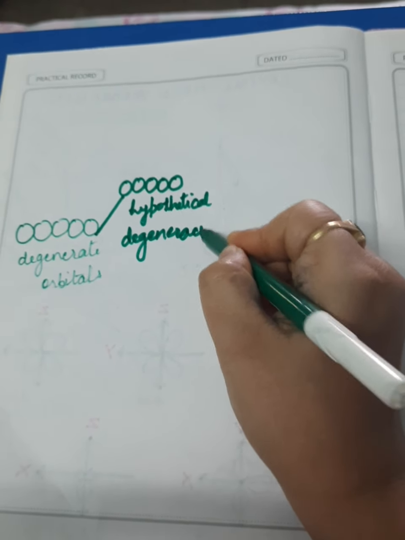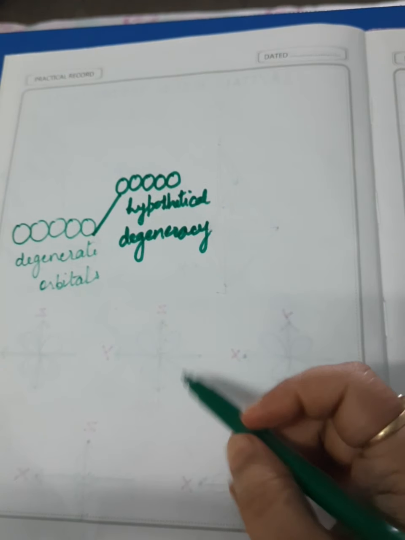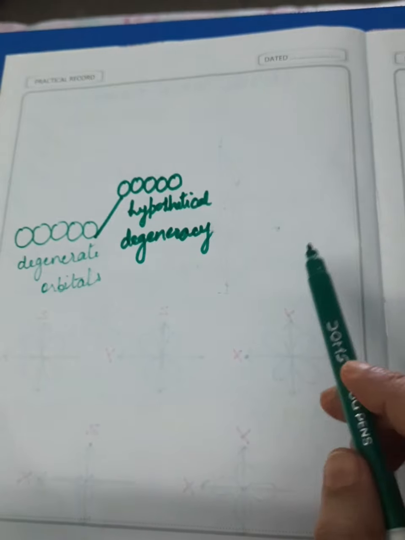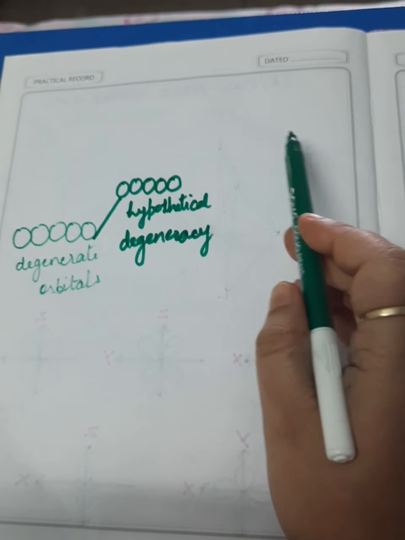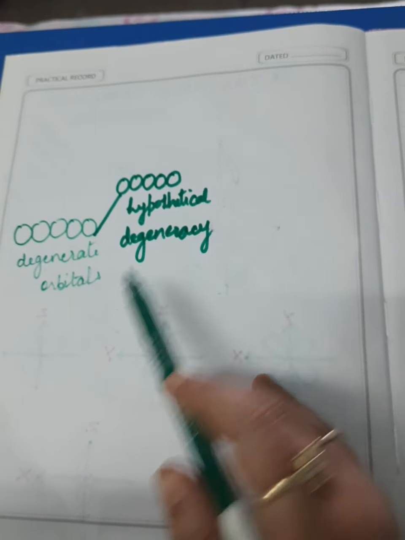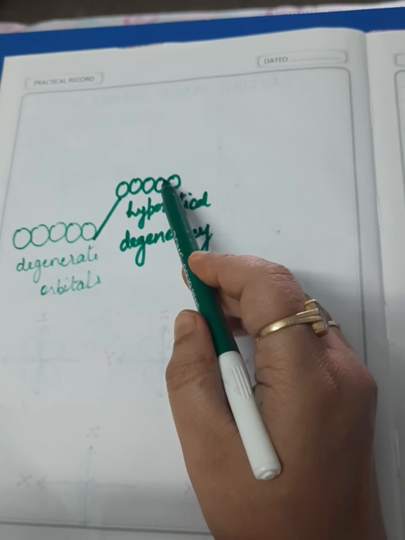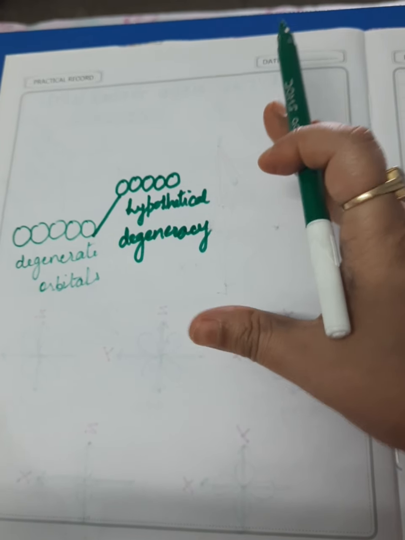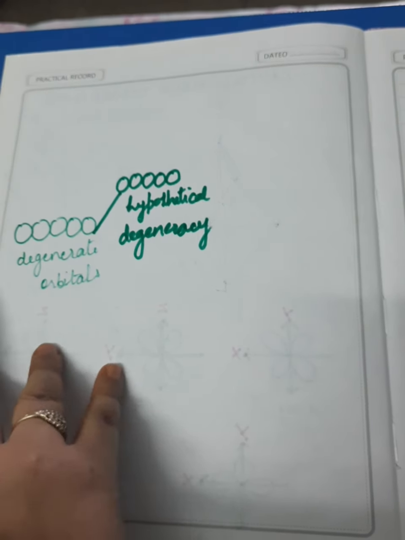In this hypothetical degeneracy also, all these 5d orbitals have the same energy. Now, when ligands enter into the field of the central metal atom or ion, these 5 orbitals split up into two sets.